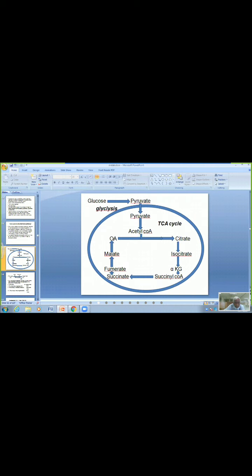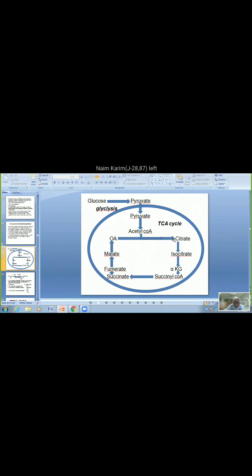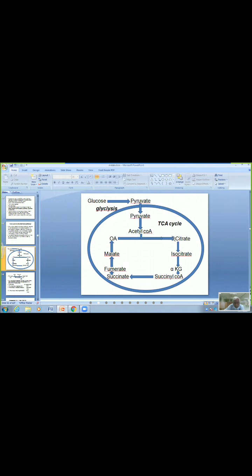Then here one thing is required to remember. Ultimately, the oxaloacetate has been used up in forming citrate, and this citrate is regenerated again when oxaloacetate is produced.